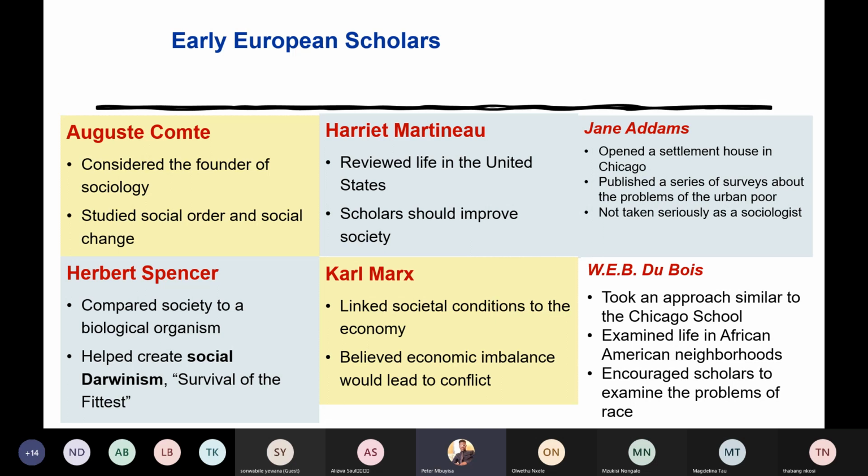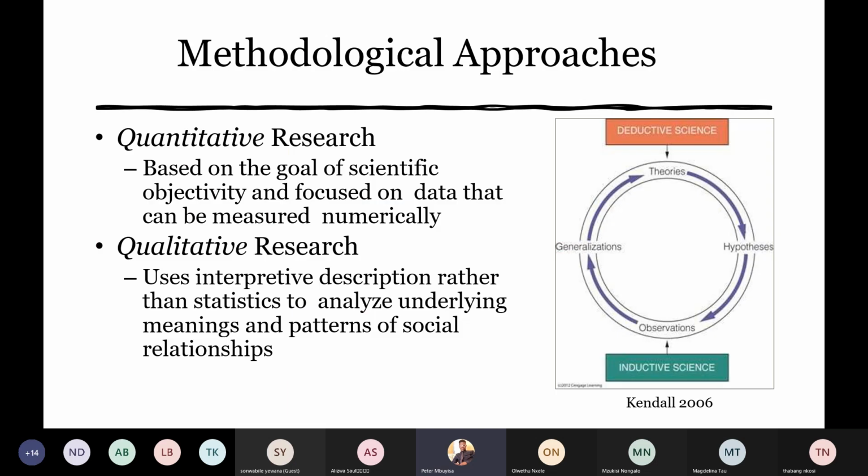Now, maybe an important question to ask is, how did they come up with the theories they came up with? How did they gather data for their theories? That takes us to looking at methodological approaches. Remember we said sociology is a scientific study, which means it follows scientific methodologies, and they are categorized into two.